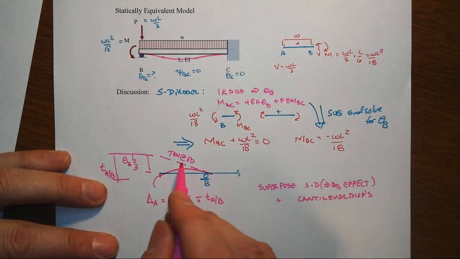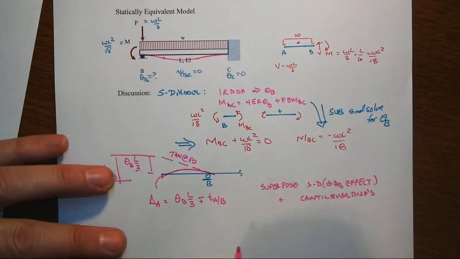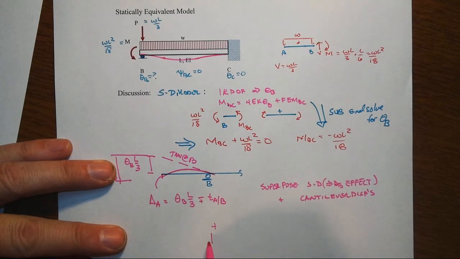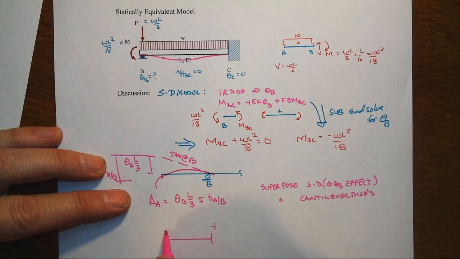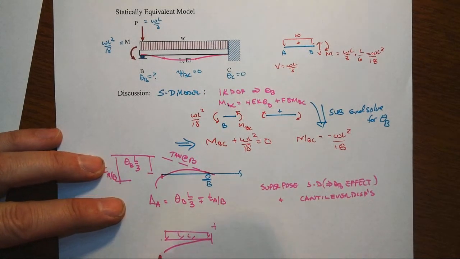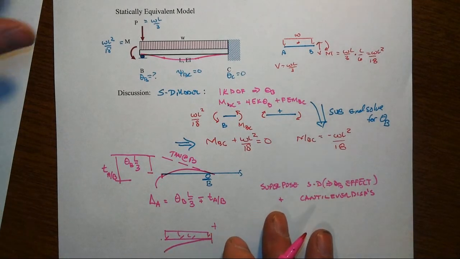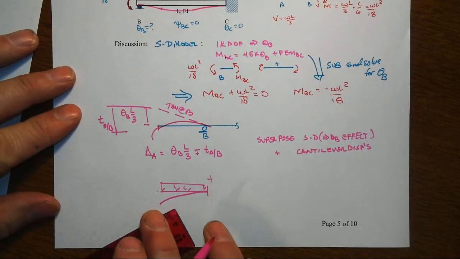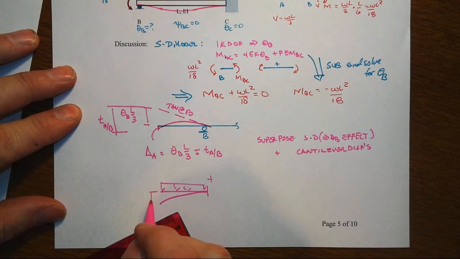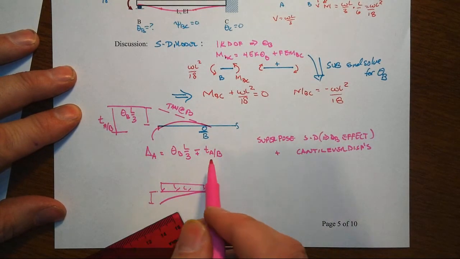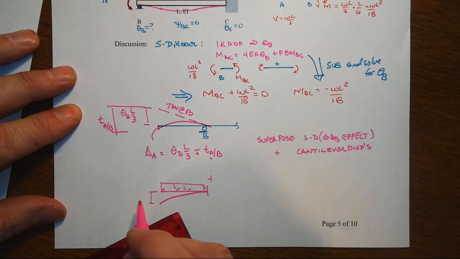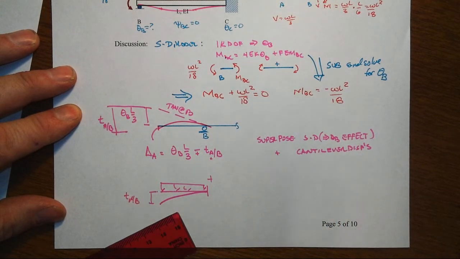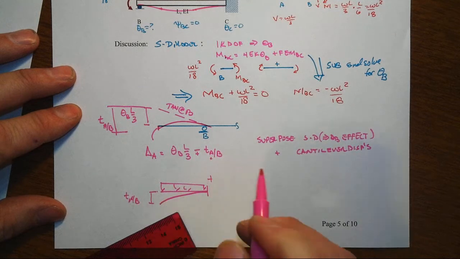Right, so we can superpose this portion here plus whatever happens from the rotation and the displacement down there at this one. So we're going to add those two effects together, right? And that's what's really happening here, that this is going to be your tangential deviation of A with respect to B. That's from a statically determinate system.